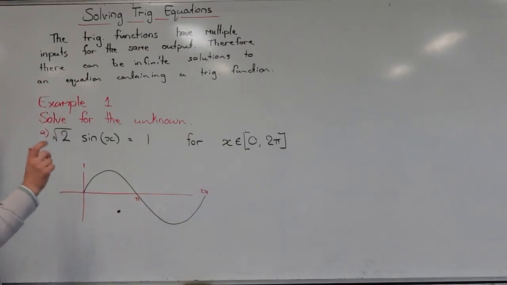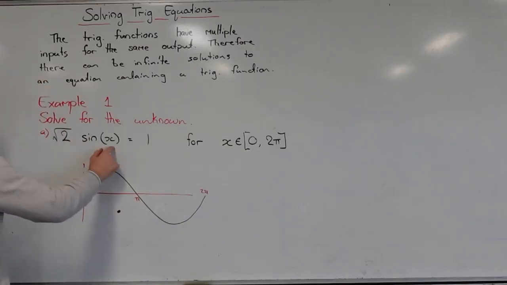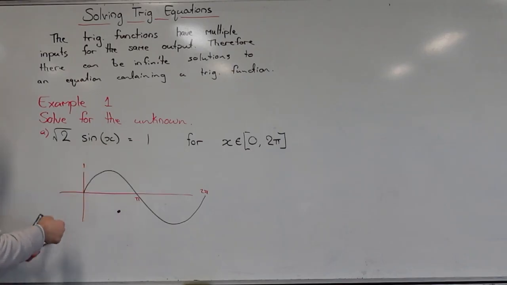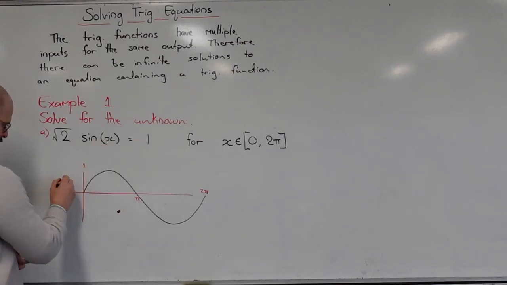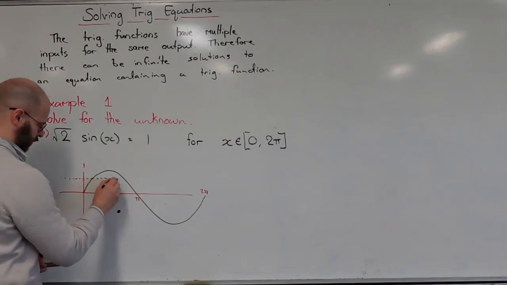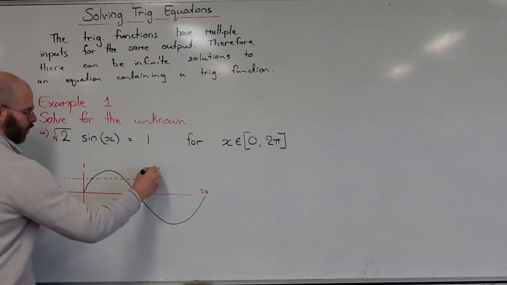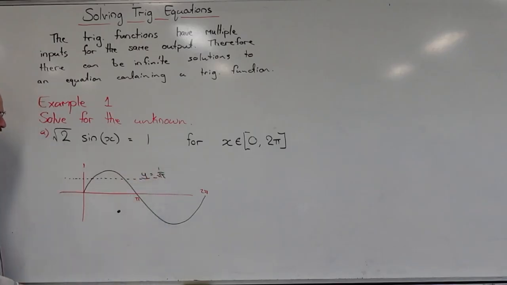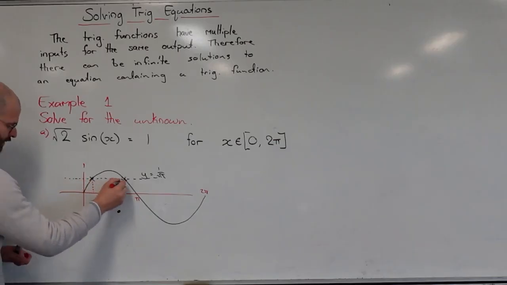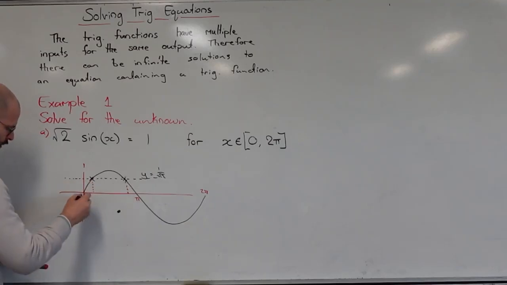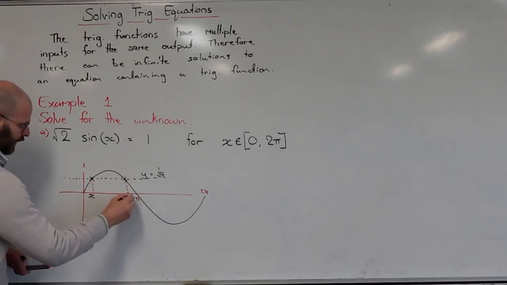Now, if we were trying to get a value out where sine x equals 1 over root 2, what we might discover is that this is y equals 1 over root 2. What we discover is that we're going to get an intersection here, and we're going to get an intersection here, which means that our value of x is both here and both here.